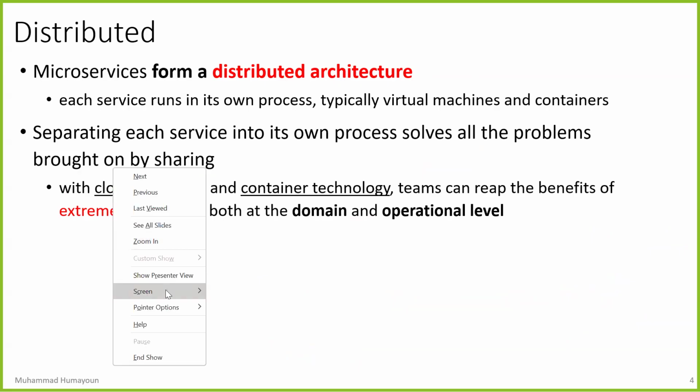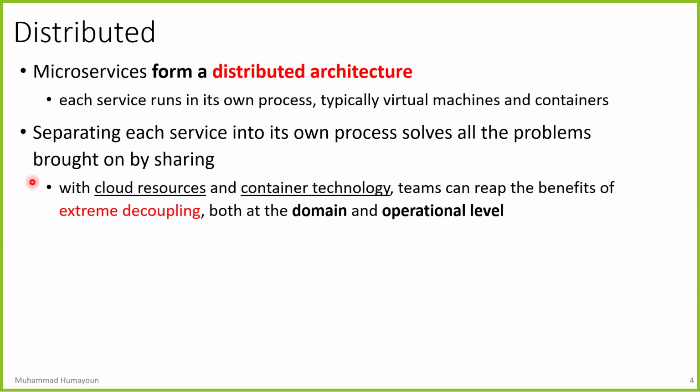So, coming back to our point, separating each service into its own process solves all the problems brought by sharing. All the problems we discussed with service-oriented architecture go away in the microservices architectural style. With cloud resources and container technology, teams can reap the benefits of extreme decoupling. Everything is decoupled. You don't depend on each other.